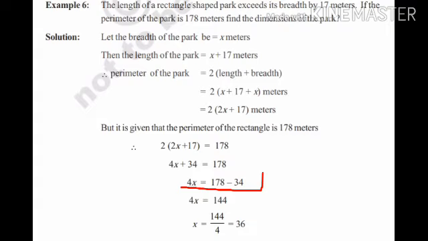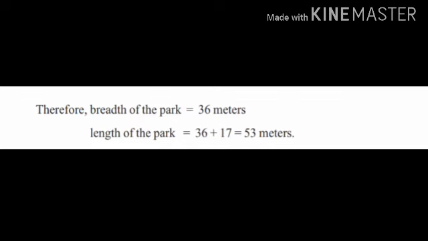Transposing 34 to the right side of the equation, that is 4x is equal to 178 minus 34, that implies 4x is equal to 144. Transposing 4 to the right side of the equation, x is equal to 144 by 4. Here 144 is divisible by 4, we will get 36. Therefore, the breadth of the park is 36 meters, the length of the park is 36 plus 17, that is equal to 53 meters.